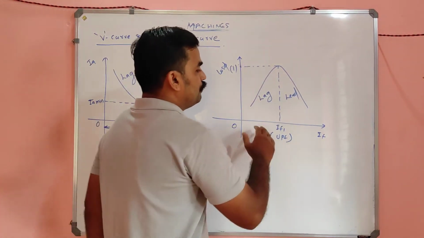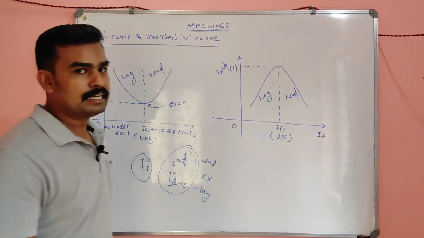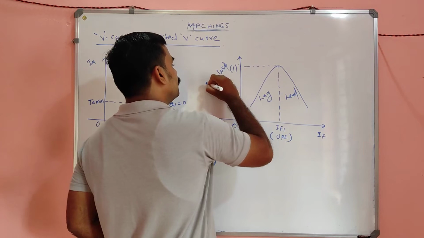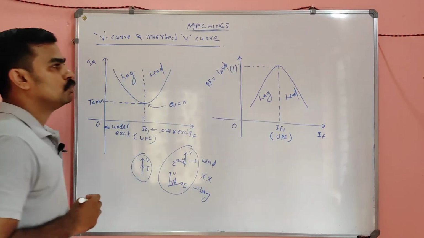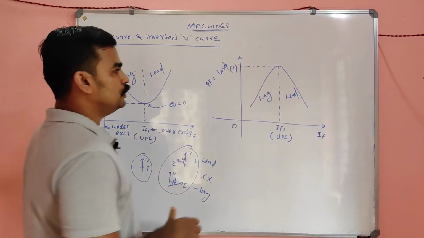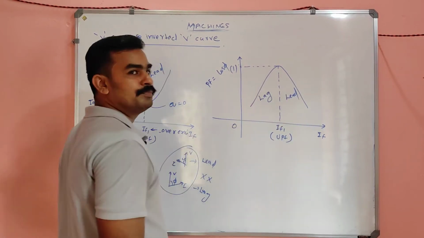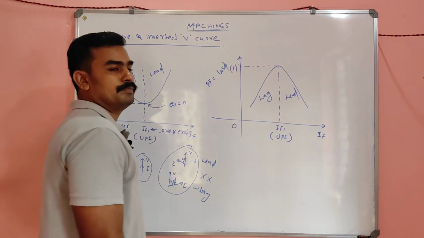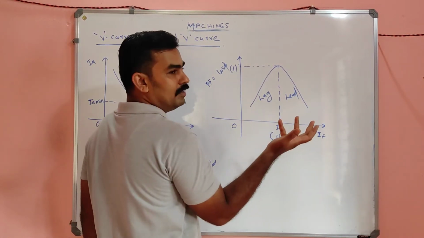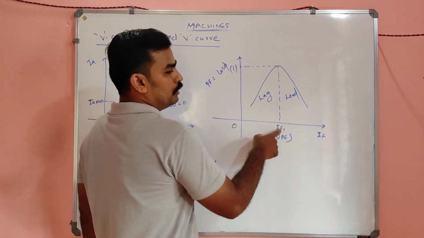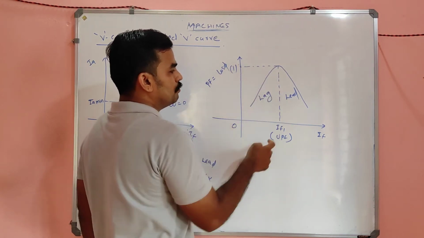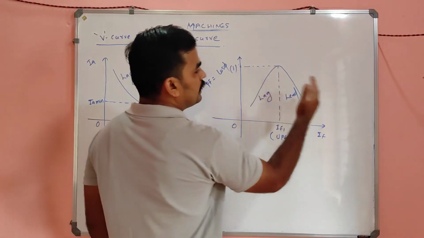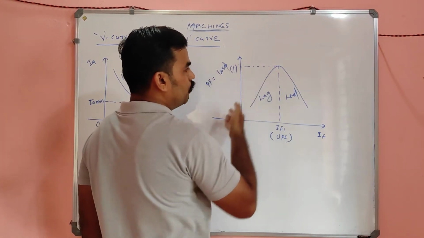And next, if you plot the same graph between the field current IF and the power factor, cos phi, what do you get? You will get an inverted form of V, called the inverted V curve. There also you can see the same thing in a different manner. At a particular field current, the power factor is maximum, called the unity power factor condition, and in both cases the power factor starts lowering.